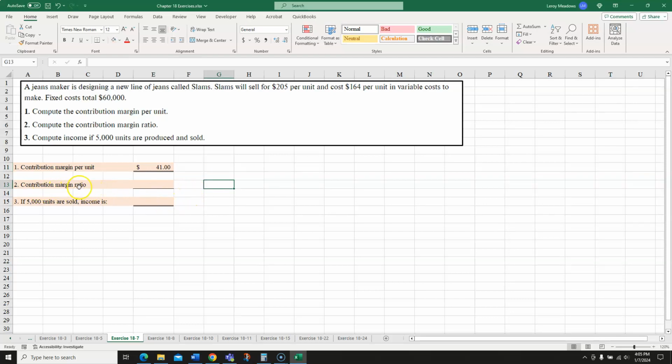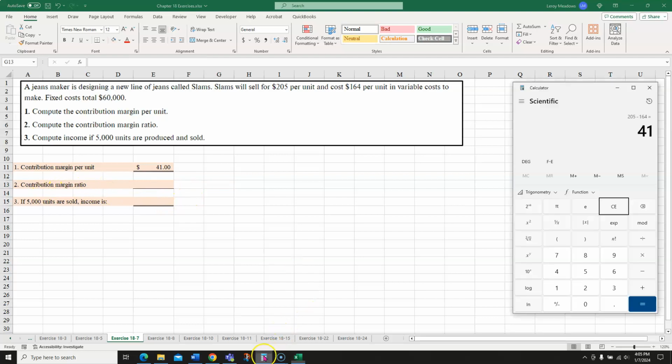Now, number two, my contribution margin ratio: I'm simply going to take that $41 and divide it by my sales price. And that will give me a contribution margin ratio of 20%.